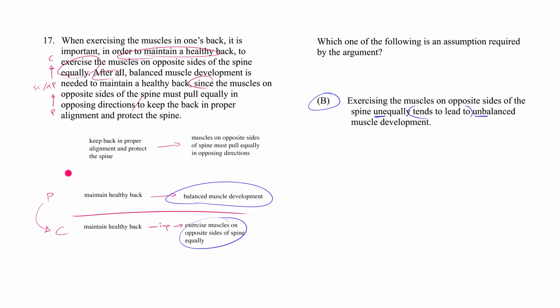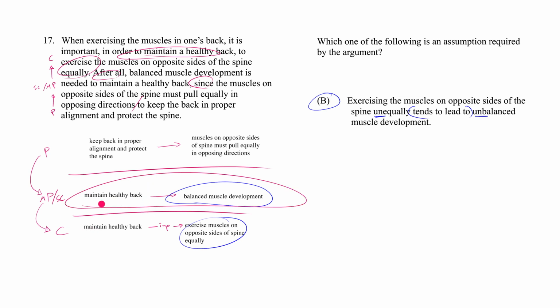So now we have the argument fully mapped out. This is the minor premise supporting the major premise, the sub-conclusion, which supports the main conclusion. You look at this statement here: your big goal is to maintain your healthy back. That's your overarching goal. This claim is saying, okay, to do that, you have to have the smaller goal of balanced muscle development. You think to yourself, well, hold on a second.